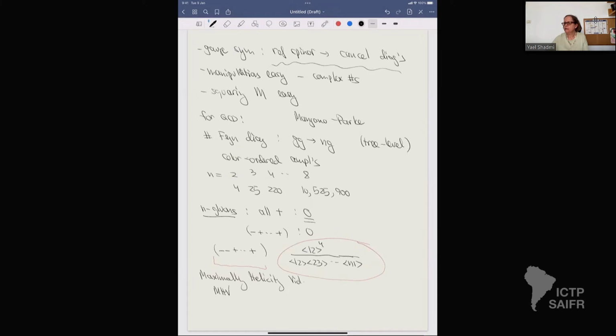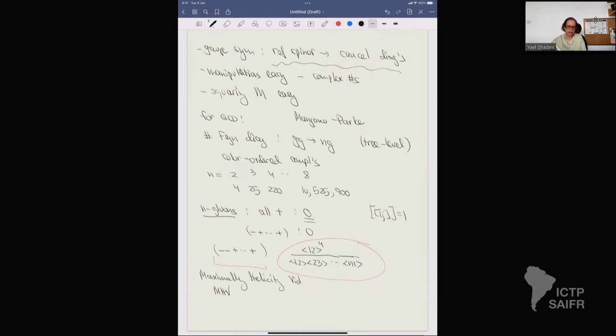Now let's do one more thing that I want to say about this. Again, this is just a complex number, right? So it's a very compact expression for the amplitude. We can also count dimensions. So remember that any one of these spinor products, its mass dimension is 1.